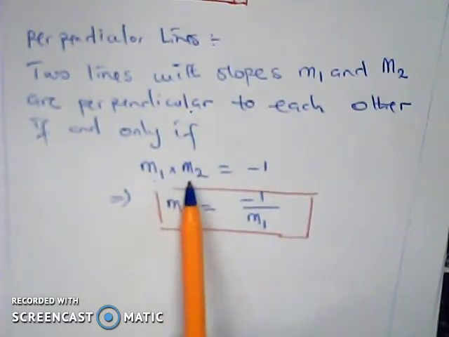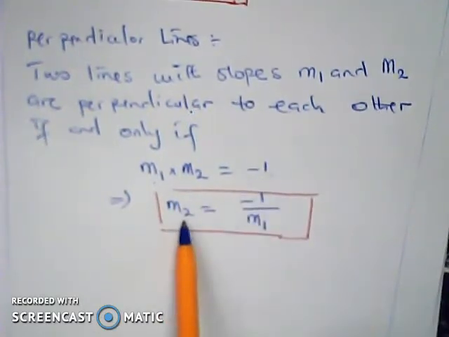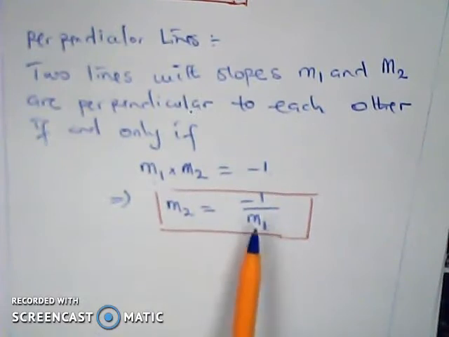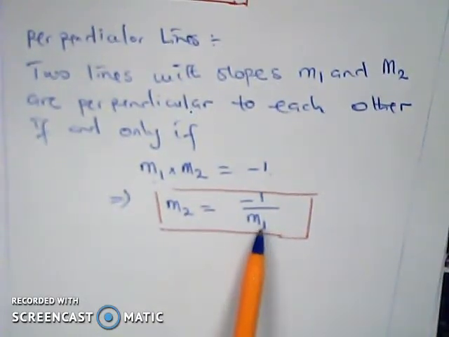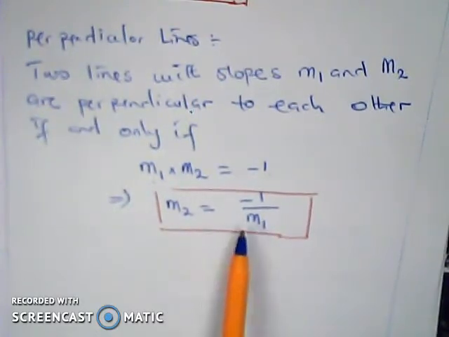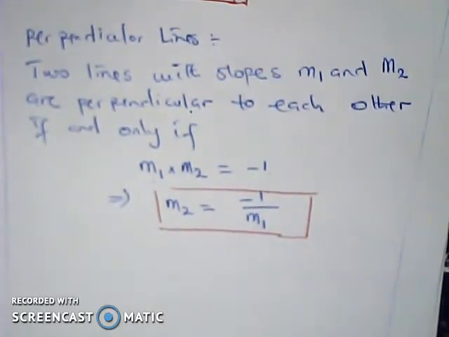m1 multiplied by m2 is equal to -1. Then I make m2 the subject of the formula, and I get m2 equals -1 over m1, where m1 is the slope of the first line and m2 is the slope of the second line.